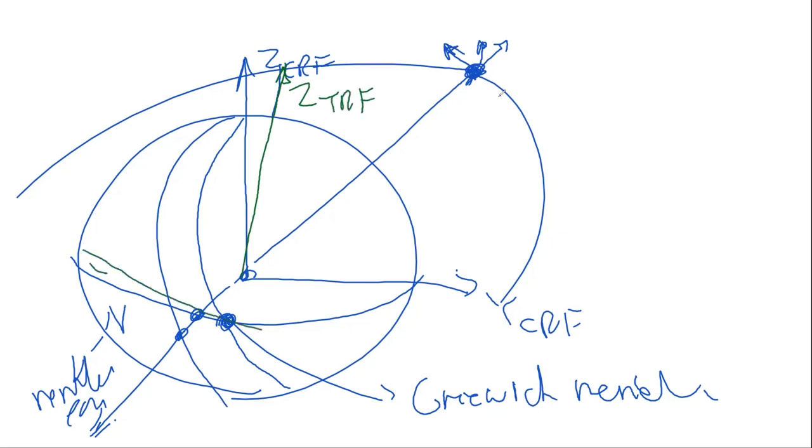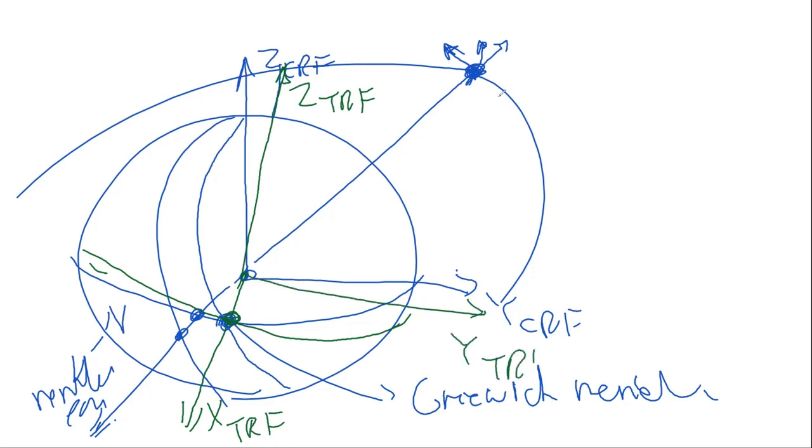Then we have another like this, and we have X of TRF here and Y TRF here. And the first thing is to change these coordinates from local to this TRF, and from TRF by those movements of the rotation we come to CRF.